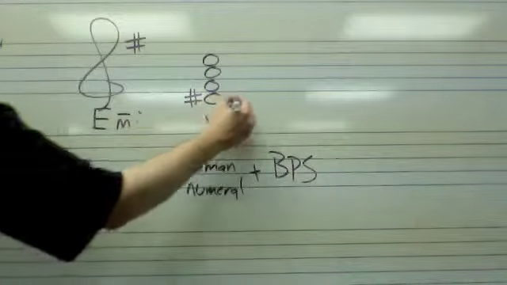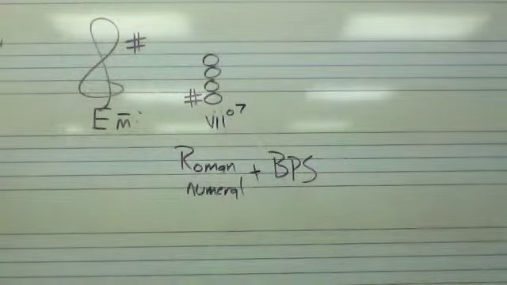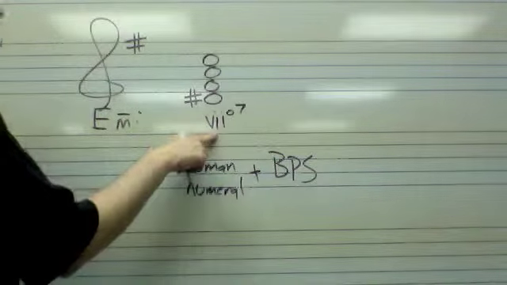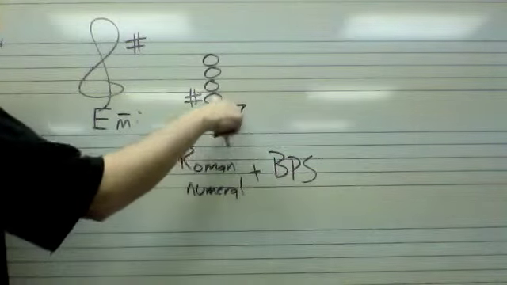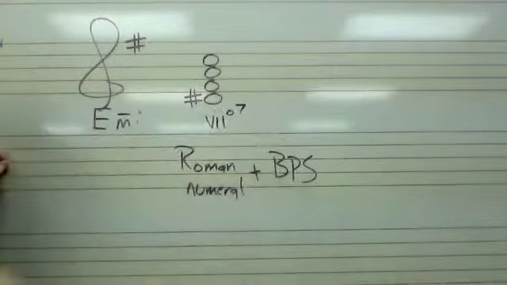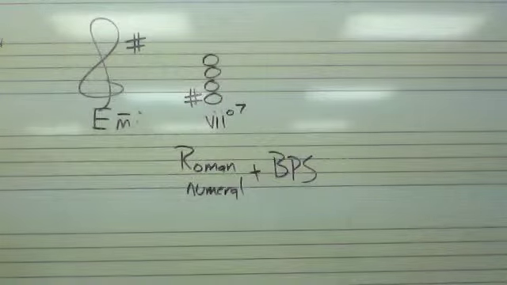And it's this combination of Roman numerals and base position symbols that we will use for the majority of tonal music theory. This chord has a Roman numeral of 7 and it's diminished, and because it's a seventh chord we add the base position symbol 7.